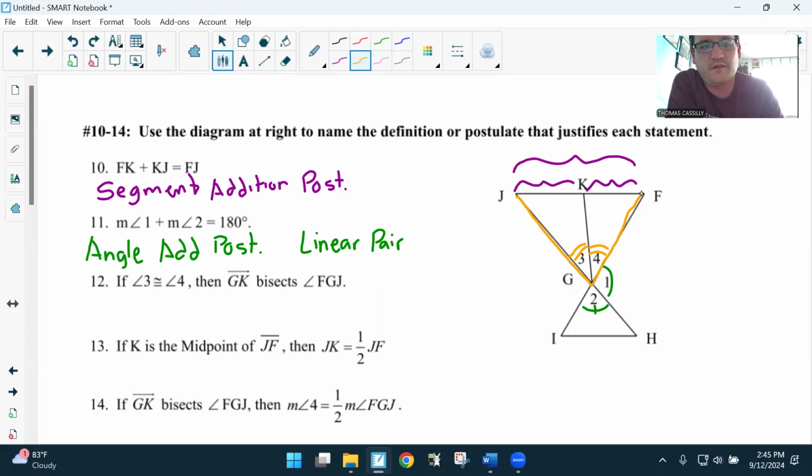That has to be the vertex. So if they are congruent, then GK bisects it. This, I'm going to go with, this is the definition of an angle bisector. Angle bisector.